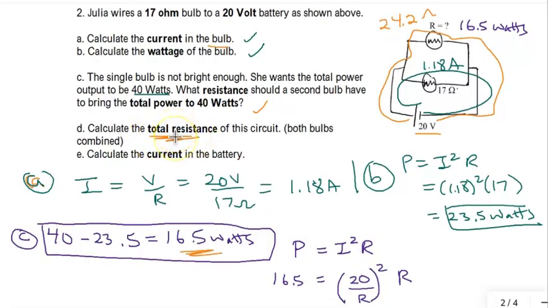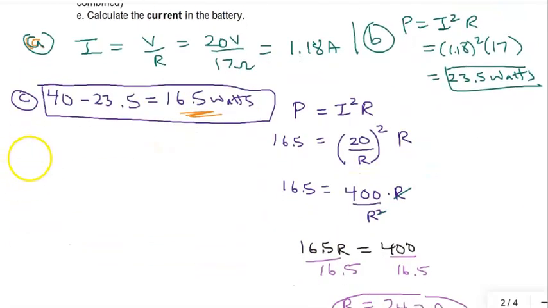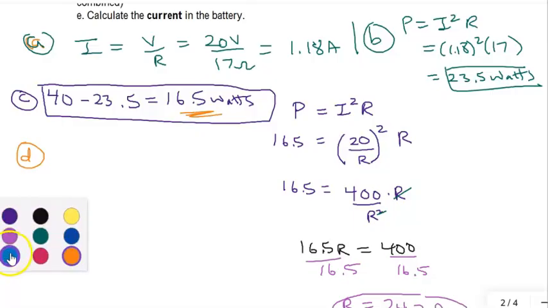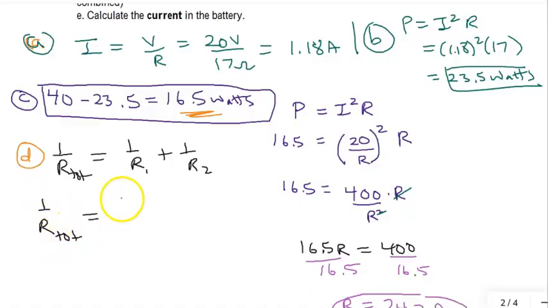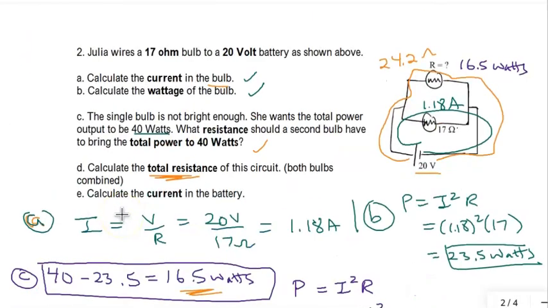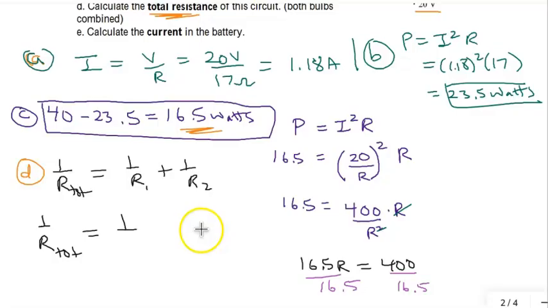Calculate the total resistance of this circuit. So again, do not get confused by total. Total means effective. So 1 over R total is 1 over R1 plus 1 over R2. So 1 over 17 plus 1 over 24.2.